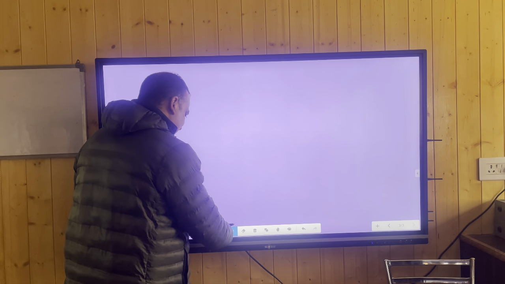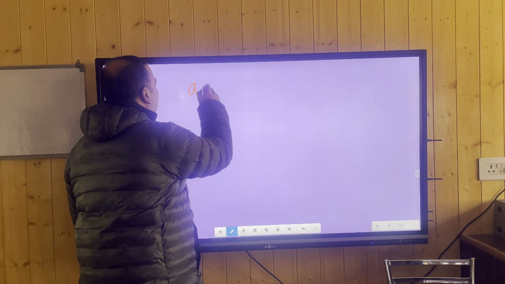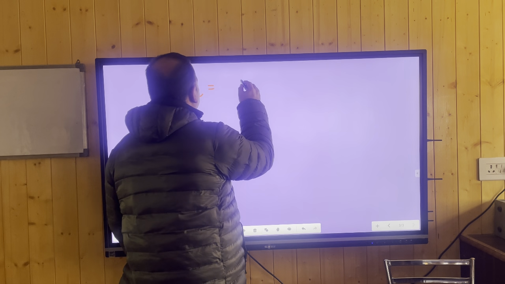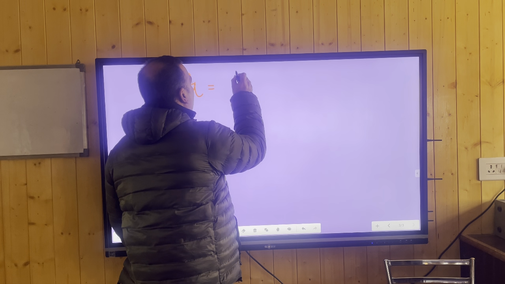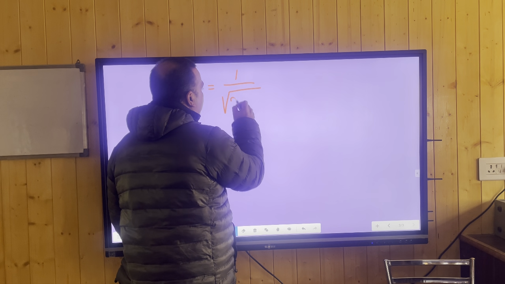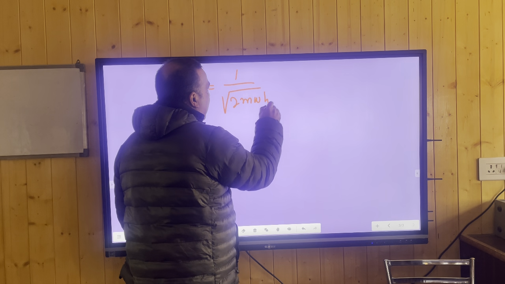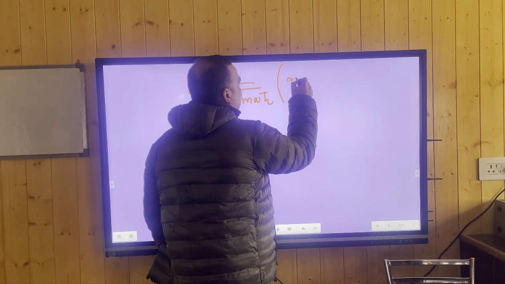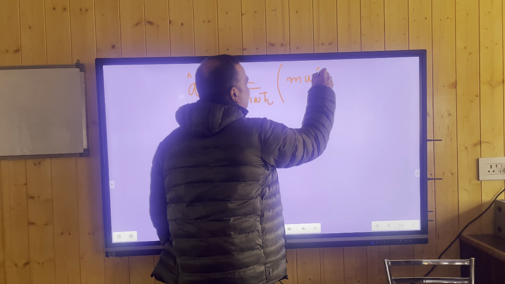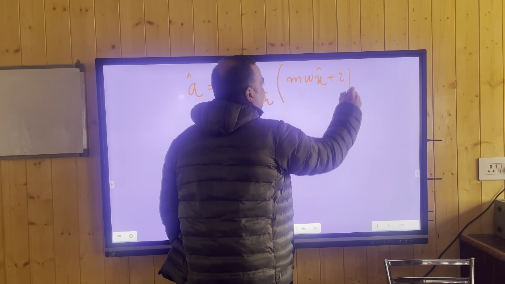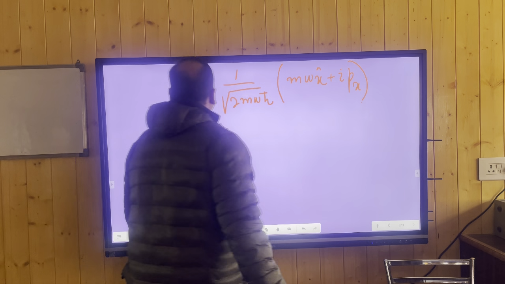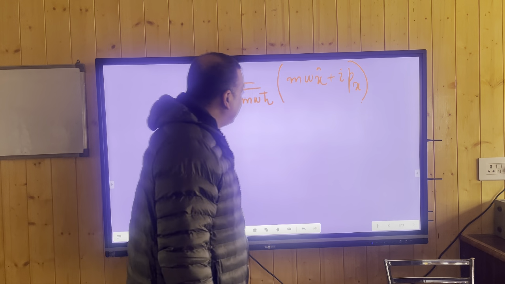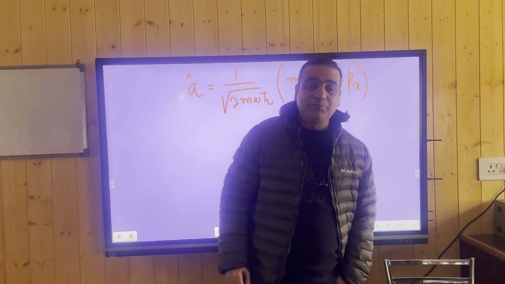We have the annihilation operator A, and this annihilation operator is 1 by under root of 2m omega h bar, and then you have m omega x cap plus i p of x. So this is our annihilation operator, and we understand that this operator has a property that it takes your system one step down.